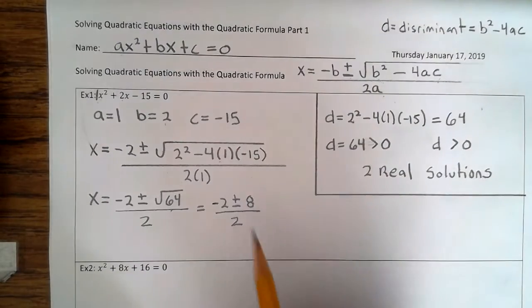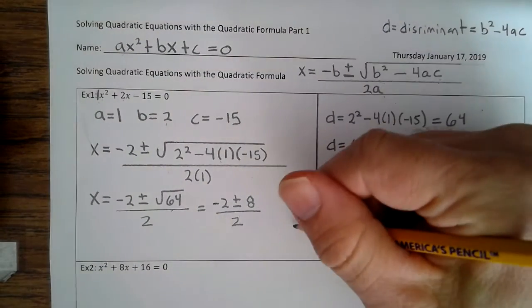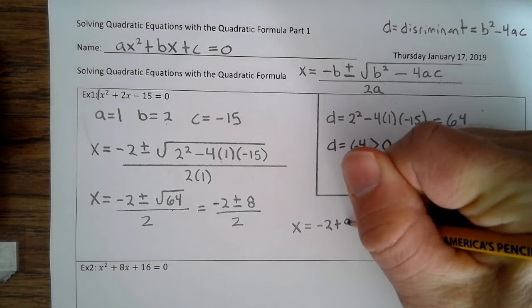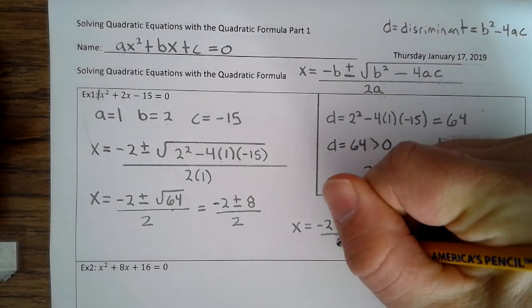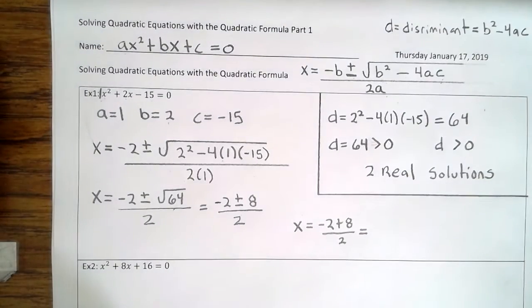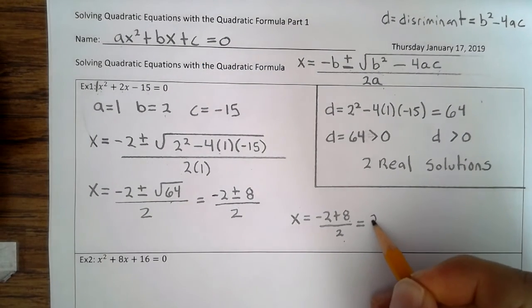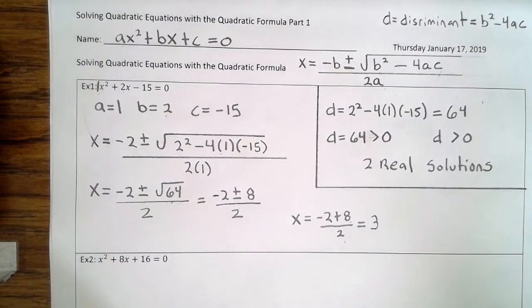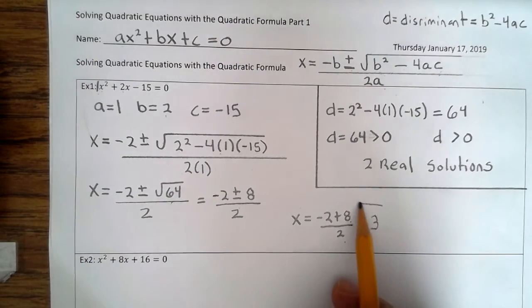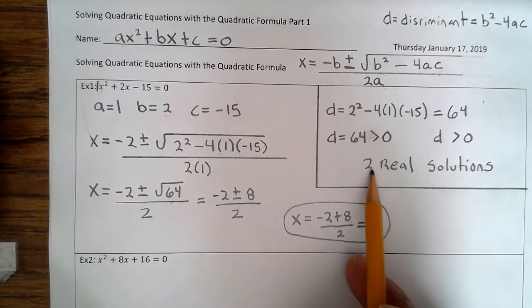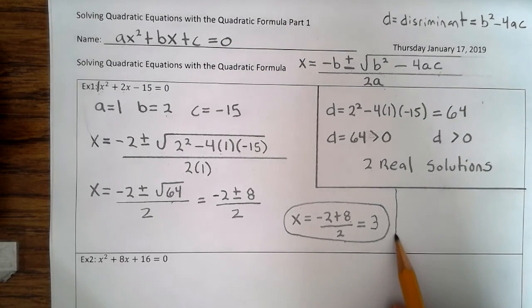Because we have a plus or minus, we have two answers. So we have x equals negative 2 plus 8 divided by 2, which is 6 divided by 2, which is 3. There's one of our answers, x equals 3. But we know there's two real solutions.